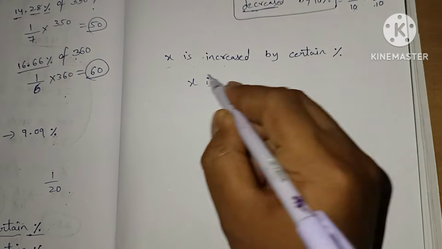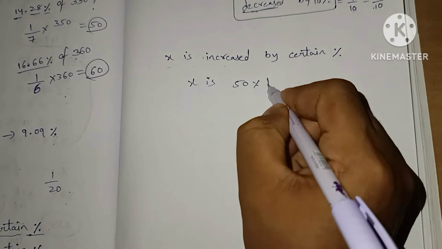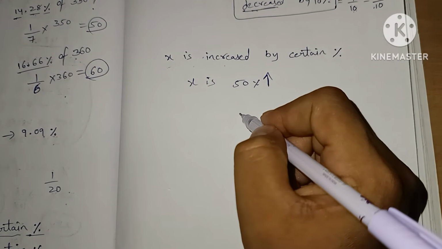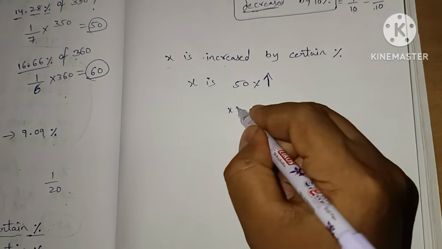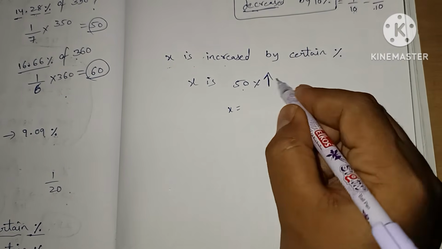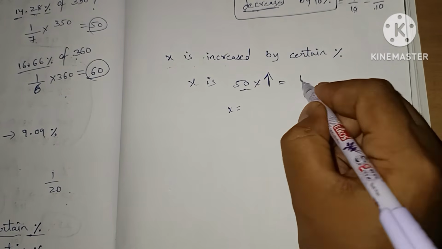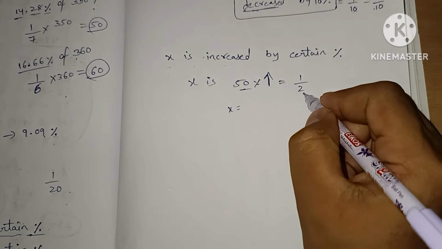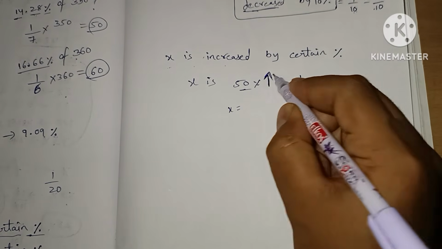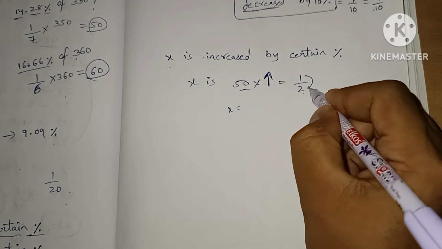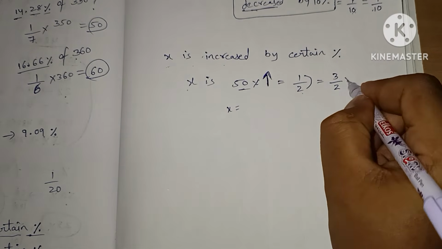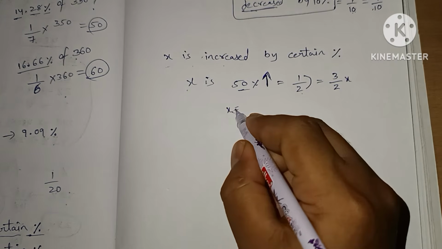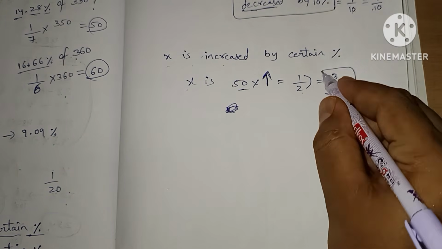X is increased by 50 percentage, then the new value of x: 50 percentage is 1 by 2. 1 by 2 increased means we add 1 to this one, we get 3 by 2 of x. So our new value will be 3 by 2 x.